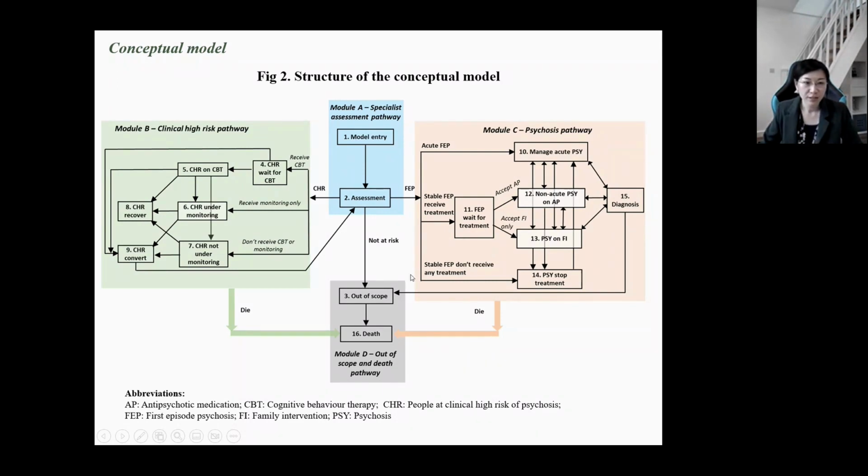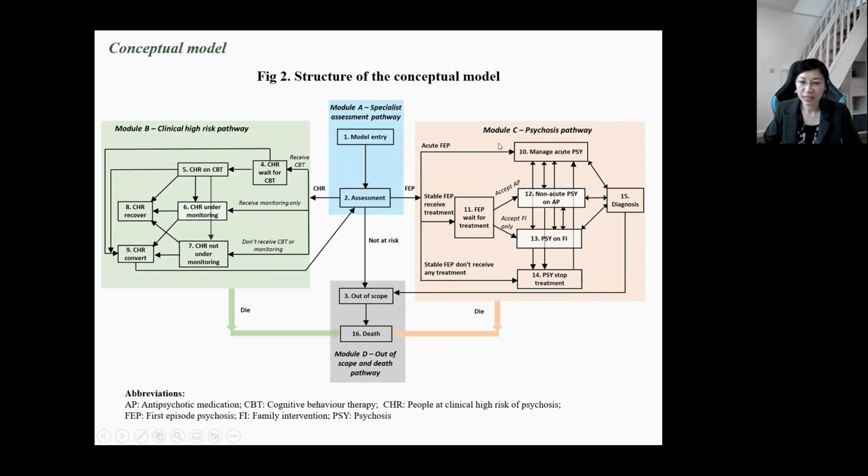There can be transitions between different modules. For example, for people with clinical high risk in Module B, if later on they develop psychosis, they will first move back to Module A to receive another specialist assessment, and then move on to Module C, the psychosis pathway.